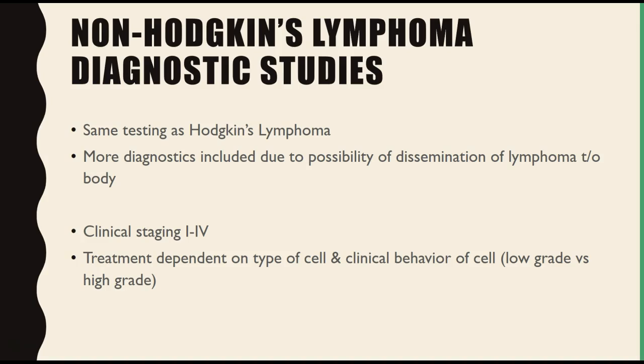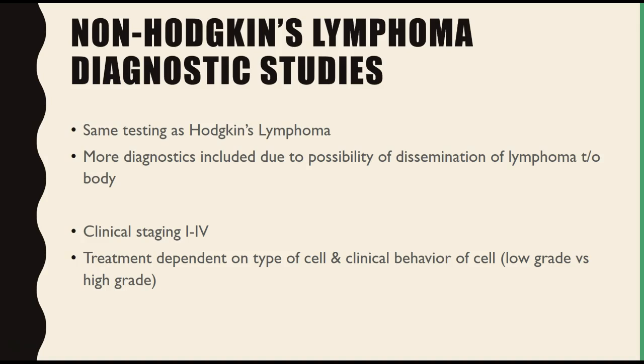So diagnostic studies for non-Hodgkin's lymphoma is very similar to Hodgkin's lymphoma. Although we don't have those hallmark Reed-Sternberg cells associated with non-Hodgkin's lymphoma, you're not going to see those on biopsy. They will still have CBCs.